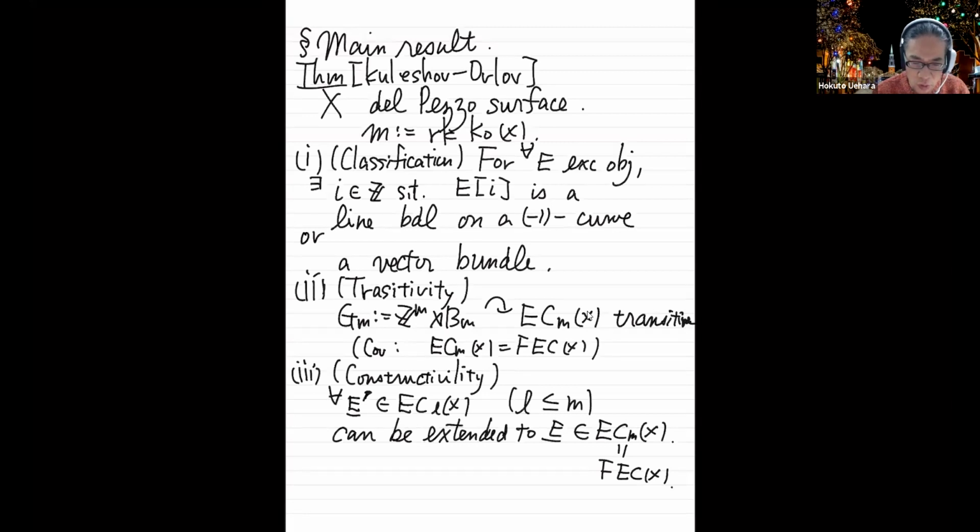So there are more exceptional objects and exceptional sequences on Sigma 2 than on Sigma 0. So that's why our theorem is much more complicated than this theorem of Kuleshov-Orlov.